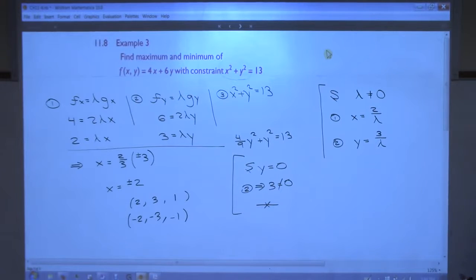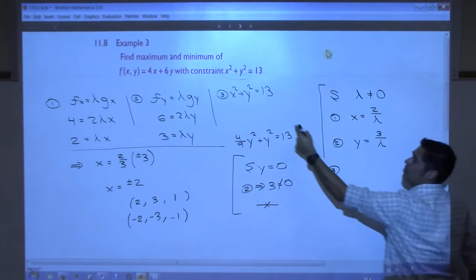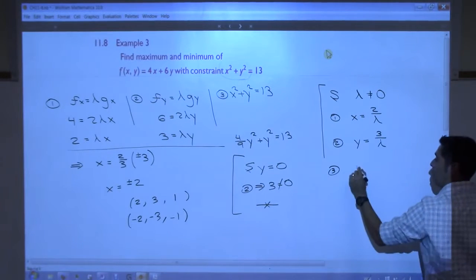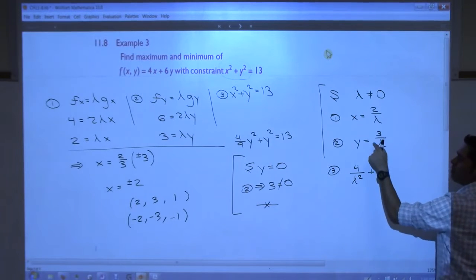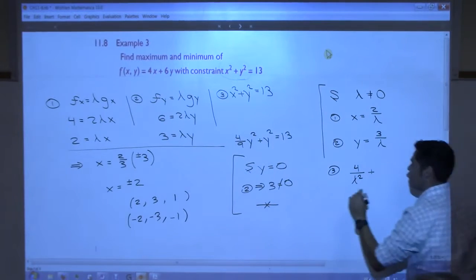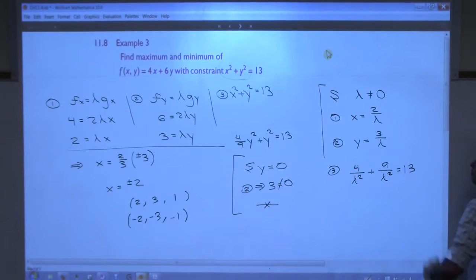What now? Plug them both into 3. So go into equation 3 now. What's x? 2 over lambda. Square it. What do you get? 4 over lambda squared. Plus, plug y into this. What do you get? 9 over lambda squared equals 13. All right. Put these together.